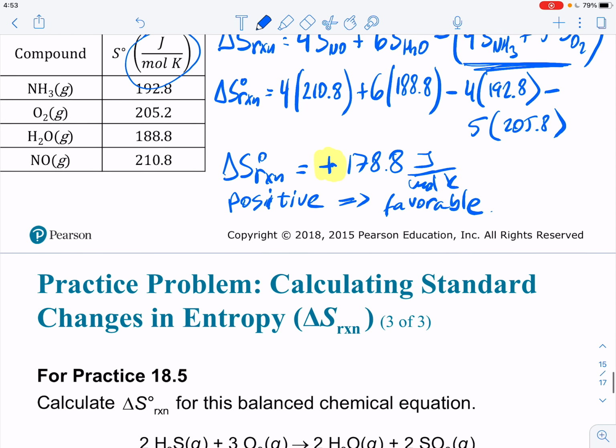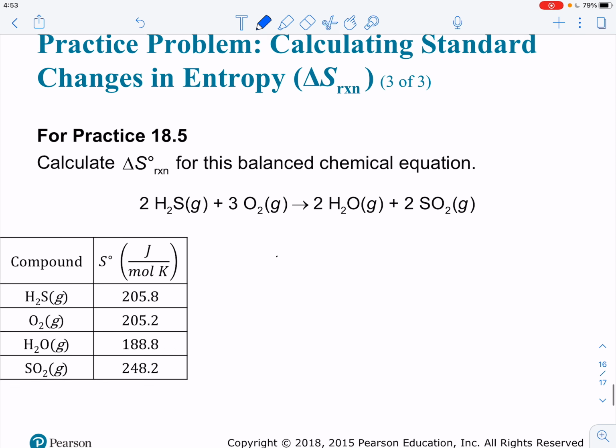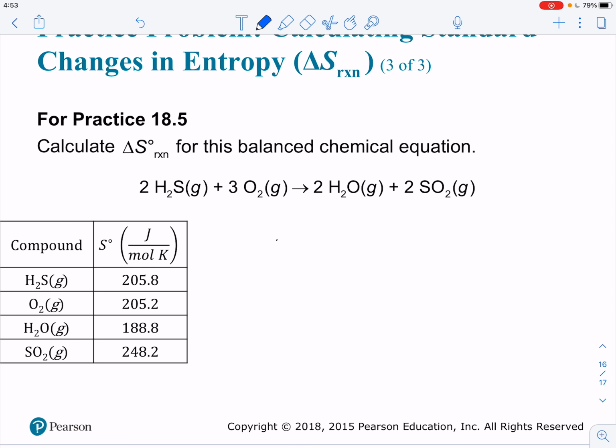Okay, let's do this again. So we have another reaction, but the process is exactly the same. It is going to be products minus reactants. Okay?